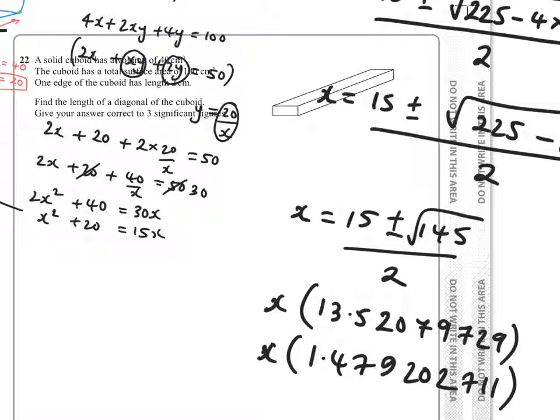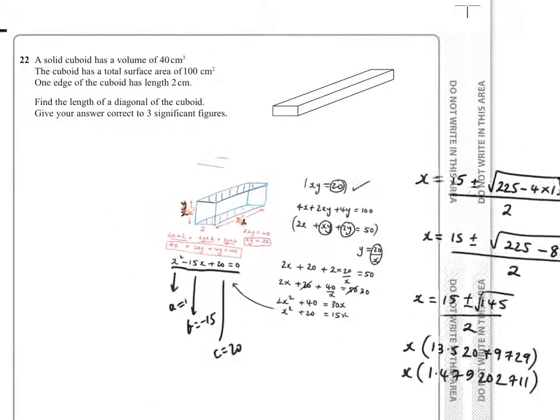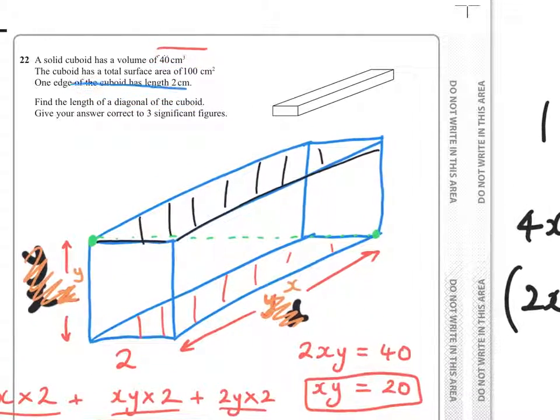And if you do 20 divided by 1.479, you're going to get 13.520, and so on. So they're the values found. So I think we've got to come back to the diagram now and see whether we can find this diagonal.